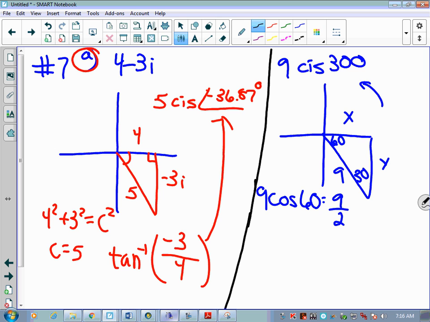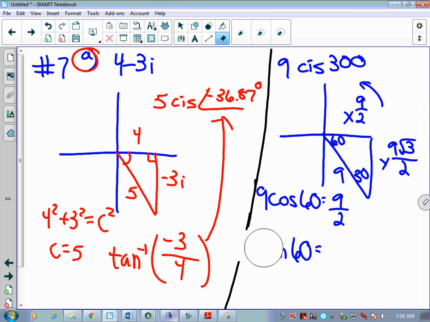But just so we're familiar, to get the y, we would do 9 sine 60. Because it's a 30, 60, 90, we're going to end up with a radical. So we're going to get 9/2, and then 9 radical 3 over 2, just because of it being the 60 side.